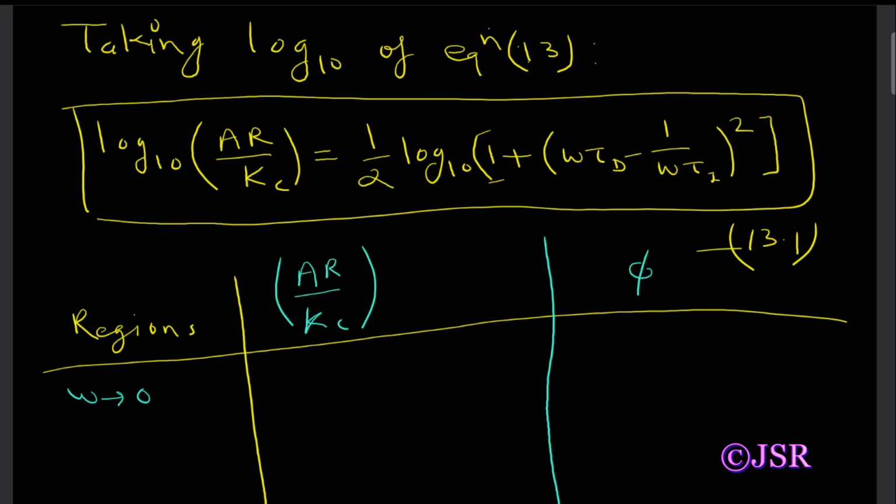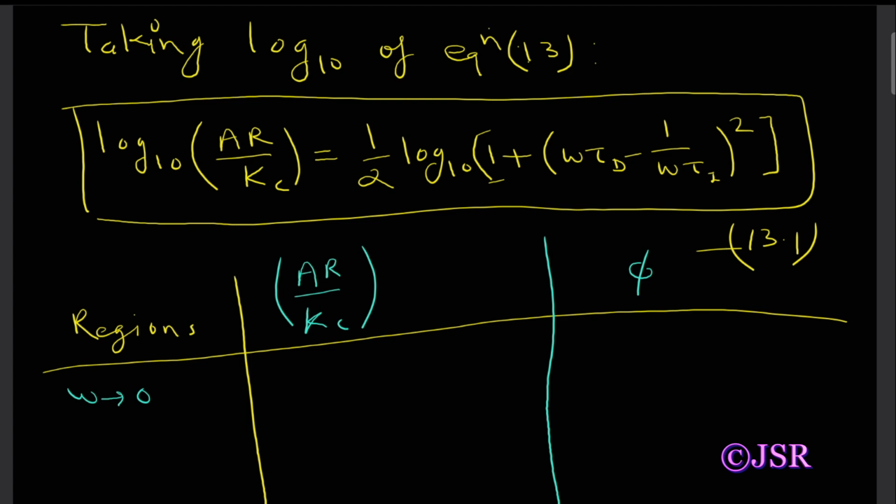this is minus omega tau I, so omega tends to 0, this is 0, so minus infinity.